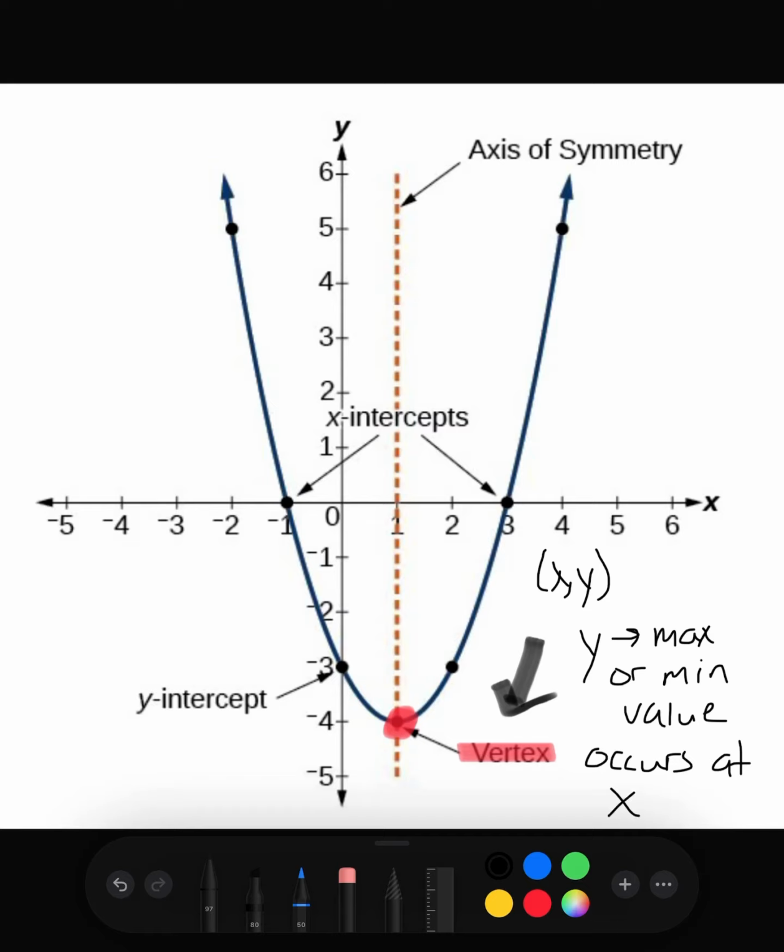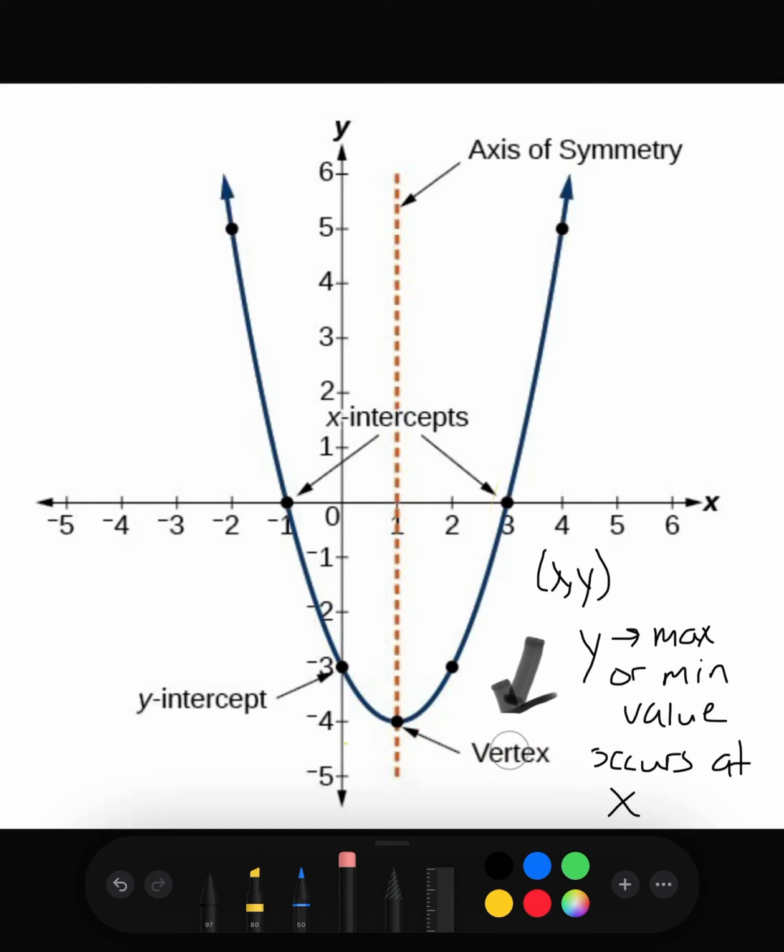So maximum or minimum value, in this case, it's a minimum value, because when you look at the entire graph, the whole shape that we have here, this whole parabola, the lowest point is that vertex. The lowest point is the vertex, and that's what makes it the minimum value. Right there.